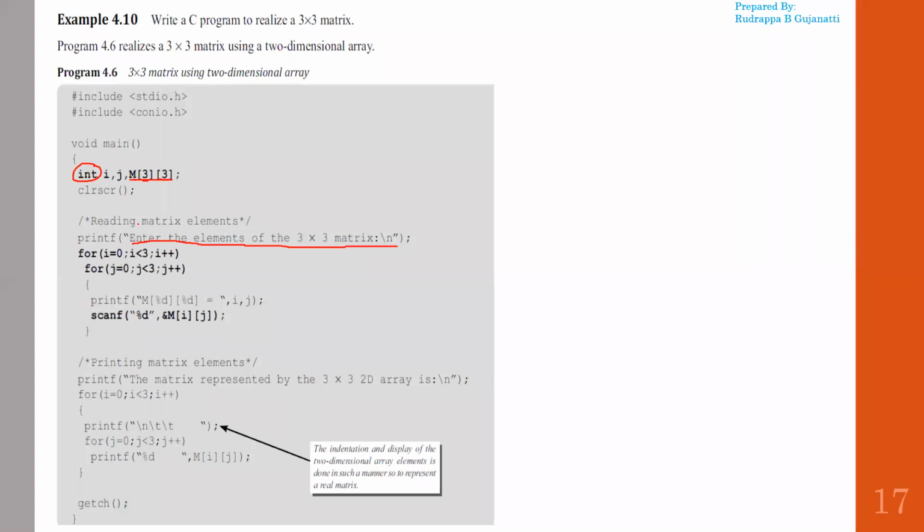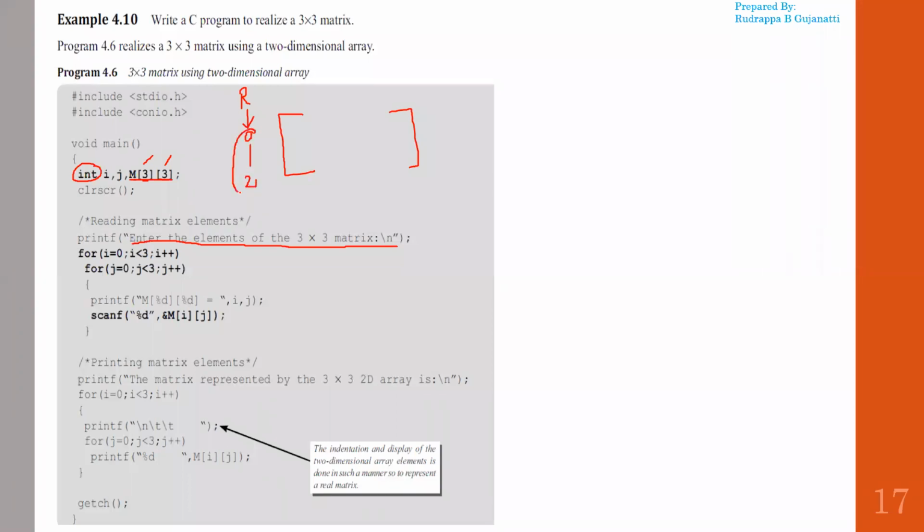Since you have two indices, that is two subscripts, we have to analyze the entries based on these. Again, if it is a 3 by 3 matrix, the row index will start with 0, 1, and 2.